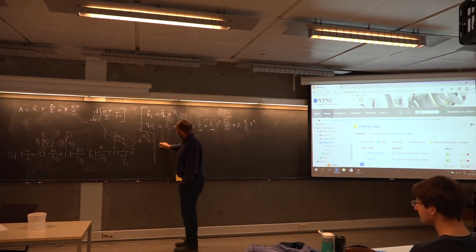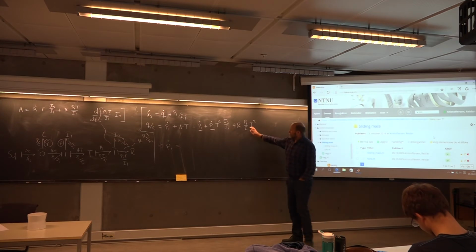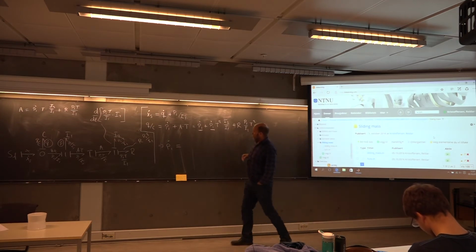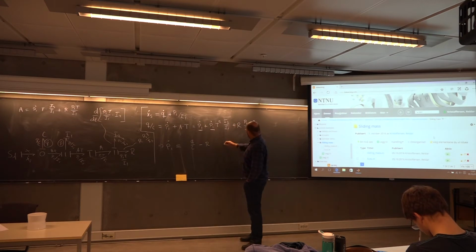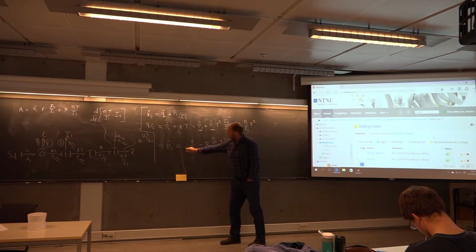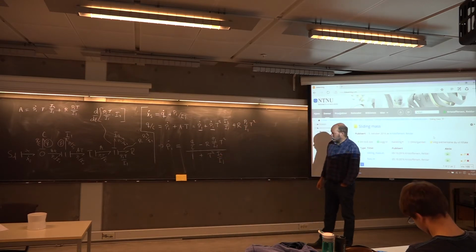So if you want to write this one on the form P1 dot equal to, what will it be? Well, this term on the other side. So it should read something like this: Q over C minus R P1 over I1 T square, divided by 1 plus T square I2 by I1. There we have it.